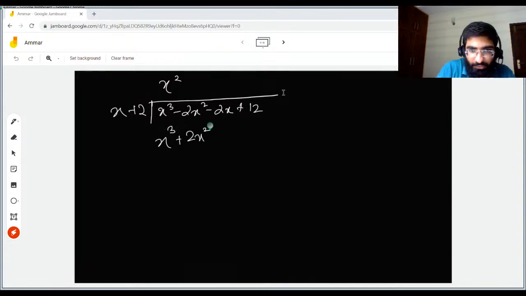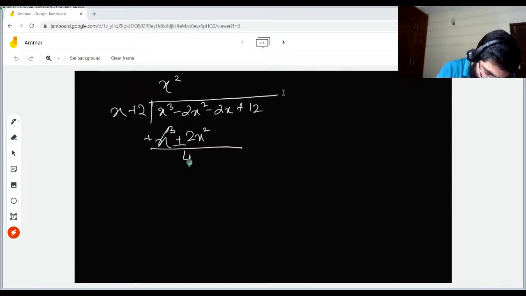We switch signs, this gets cut out, this becomes minus 4x squared. Now to get minus 4x squared, I multiply x with minus 4x. So minus 4x times 2 is negative 8x.